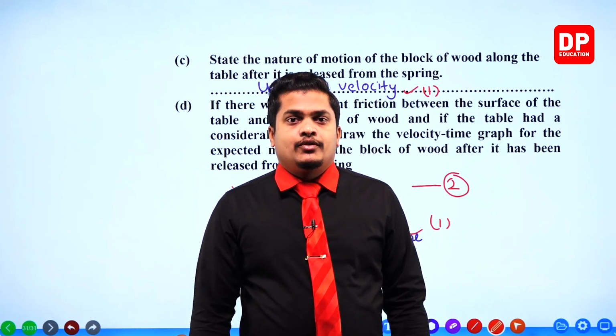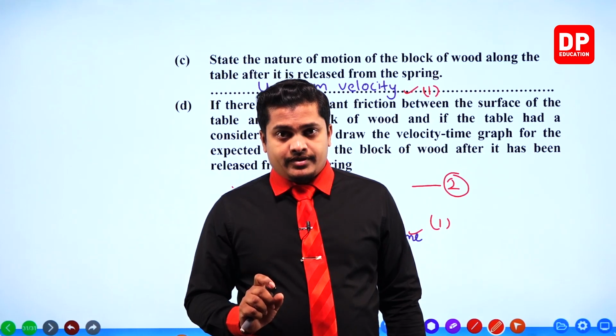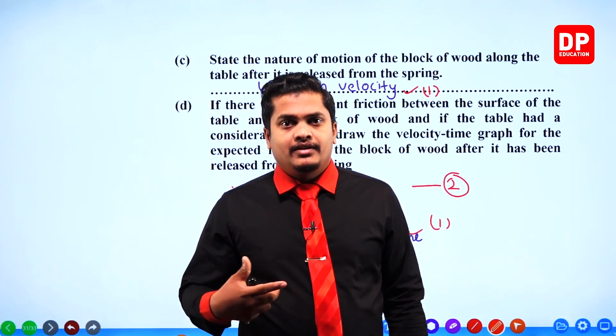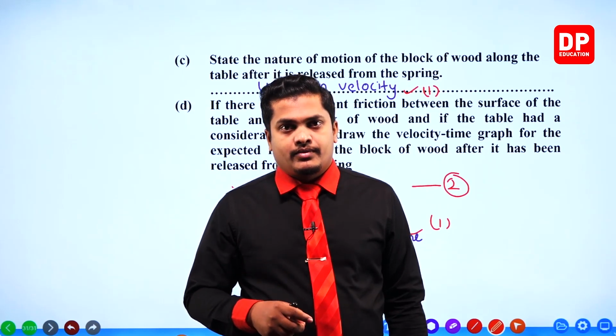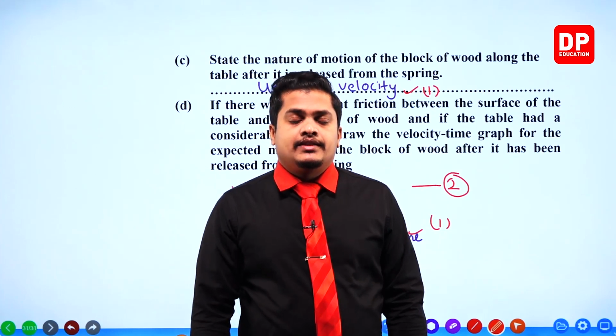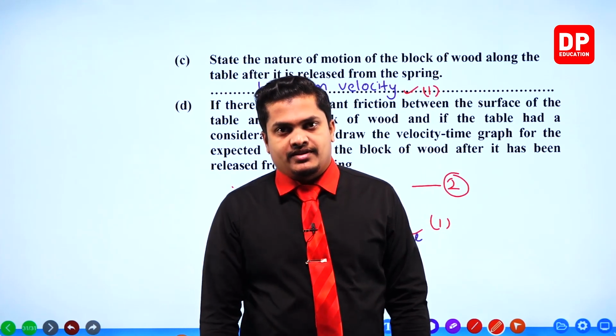So stay with me till the end of the discussion. By that way, you can get a good knowledge about the question paper in our 2022 O-level. I hope to meet you in the next chapter to discuss the other questions.